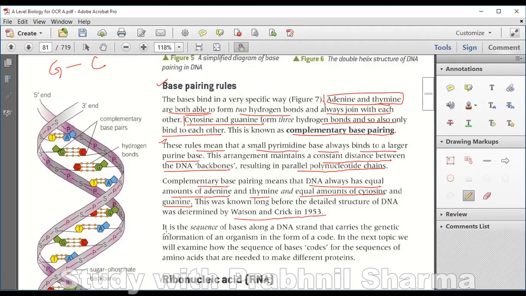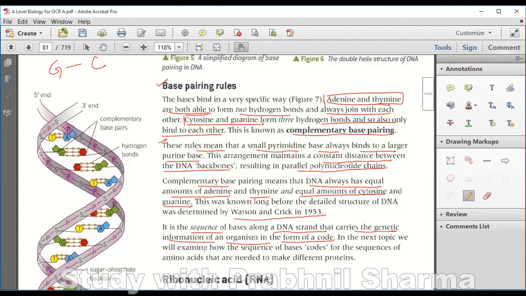Okay. Now, it is the sequence of bases along a DNA strand that carries the genetic information of an organism in the form of a code. This sequence of bases, this A to G sequence along the DNA strand, carries the genetic information of an organism and forms a code, and that will be copied from one generation to the next.